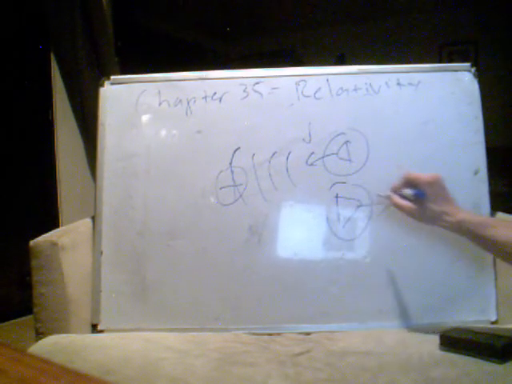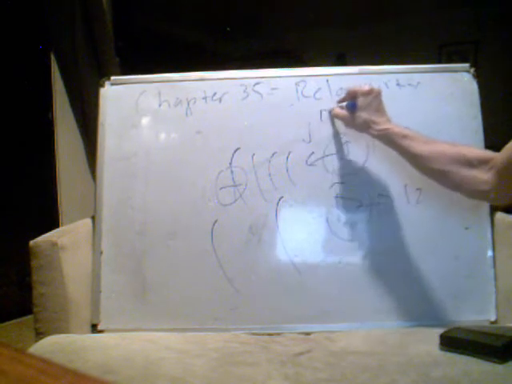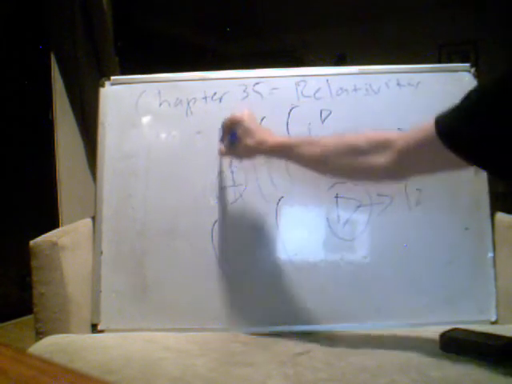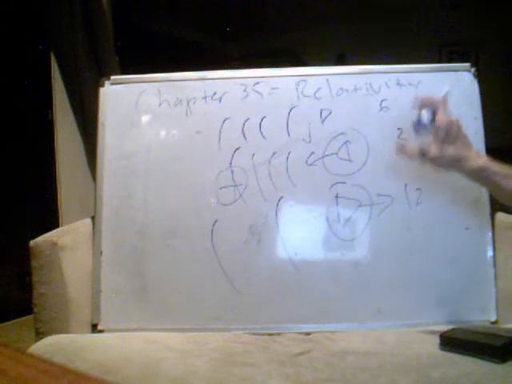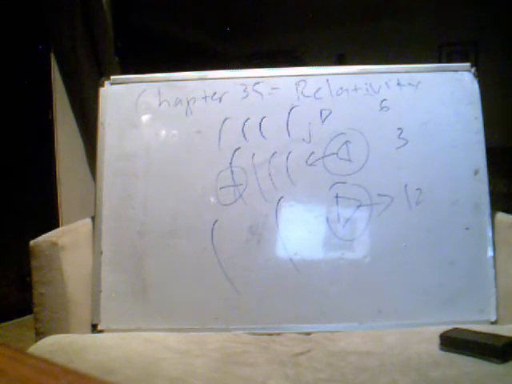But if the ship is moving away from the Earth, then these pulses are going to appear farther and farther apart. And in this case, we'd see one every 12 minutes: every 3 minutes moving toward, and every 6 minutes if it's just stationary, not moving toward or away from the Earth.